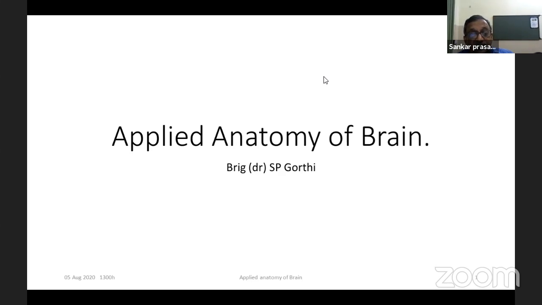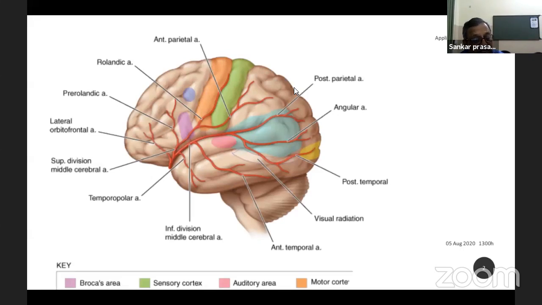Right then, that's nice. So we can carry on with our conversation on applied anatomy of the brain and brainstem. We'll have some interactive case discussions in between. As people are joining, it's time for us to go through the blood supply of the brain.